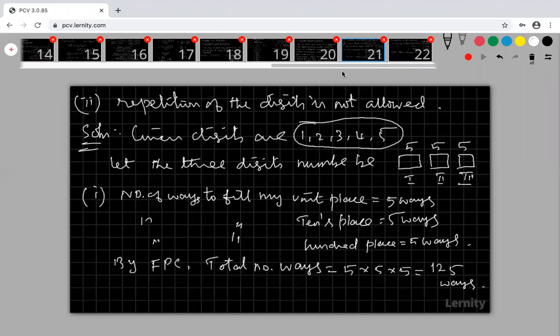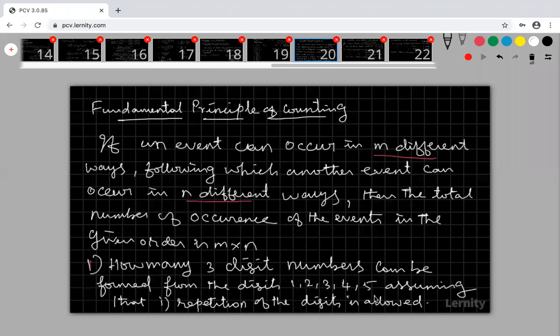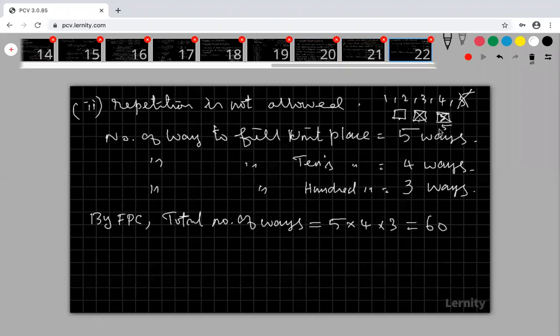My second one is repetition is not allowed, means suppose I'm filling 5 in the unit place, that 5 will not come in my tens place and hundreds place. Once 5 is filled, you have to omit that 5, and only the remaining 4 numbers you fill here. Once you filled one number here and another number here, that number should not be in our hundreds place. So what are the remaining 3 numbers? You fill those remaining 3 numbers in my hundreds place.